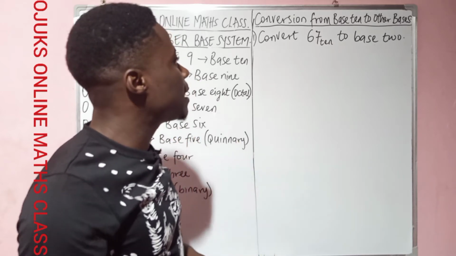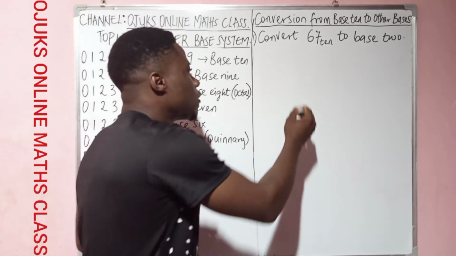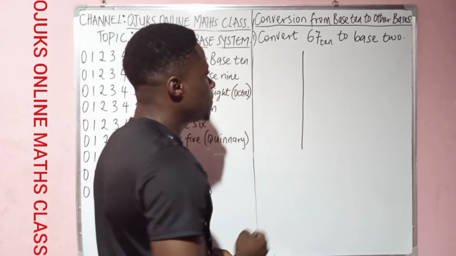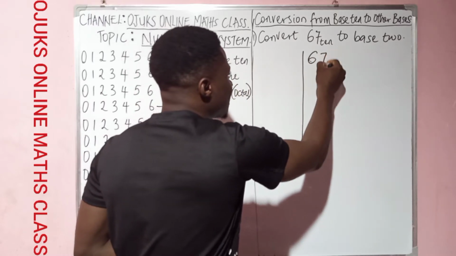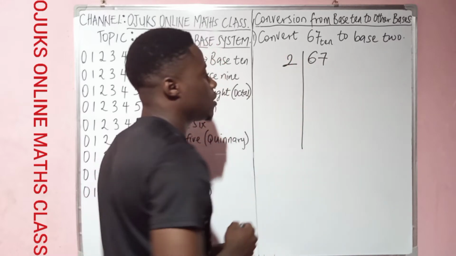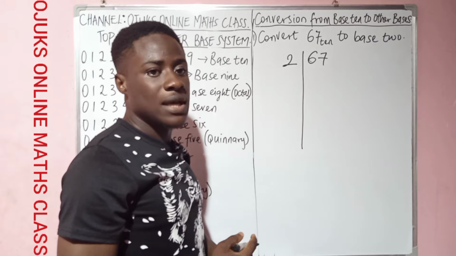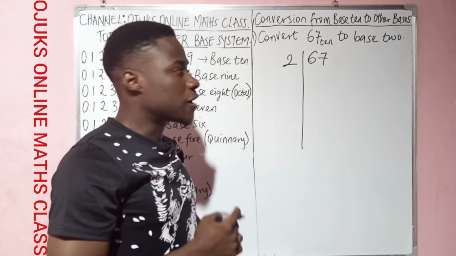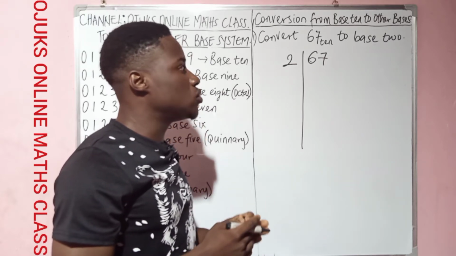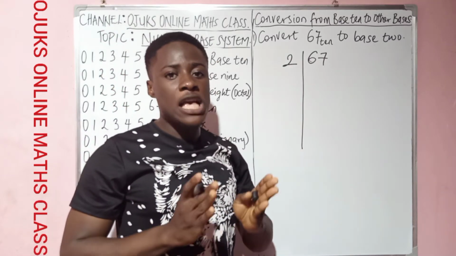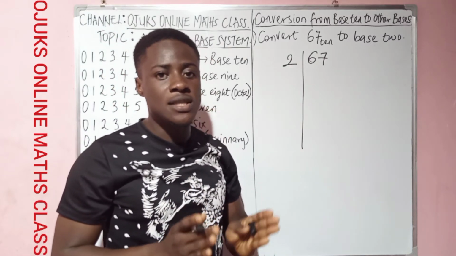Let us now observe the division of this. First of all, we'll draw our line for the division. 67 inside, then we have our 2, which is the divisor, outside. Then let us repeatedly divide to get our result. Remember, if you are converting to base 2, the highest number you are expected to see is 1.